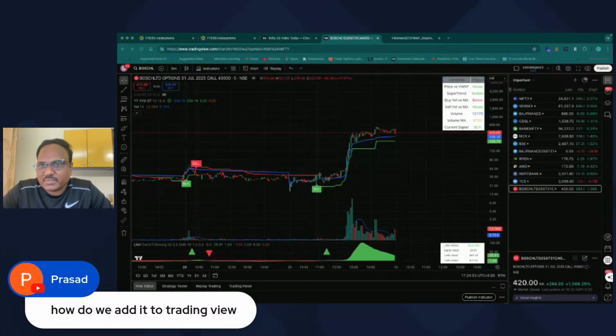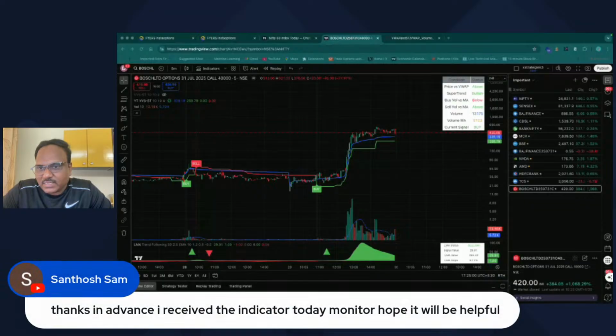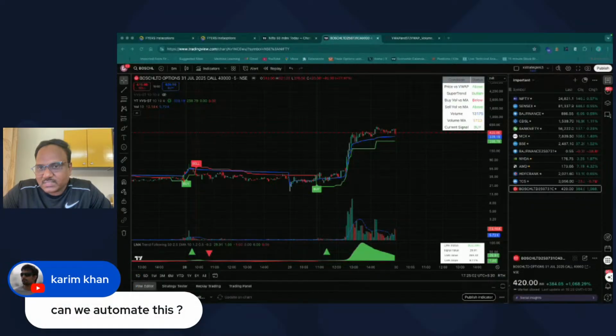However, I think somebody asked me, can we automate this? I think this was one question that came early. Karim Khan asked this question. Can we automate this? We can automate, but not in TradingView. At least I do not know that we can automate in TradingView, but the way it can be done is you'll have to store the option prices somewhere, and then calculate all the three indicators, which in this case are SuperTrend, VWAP, and the volume.